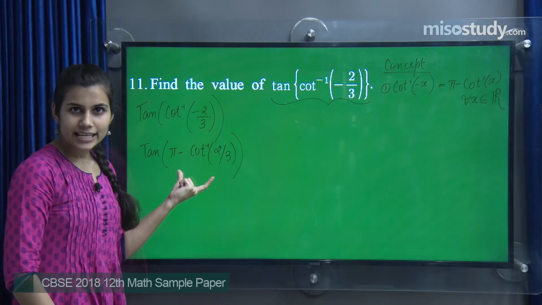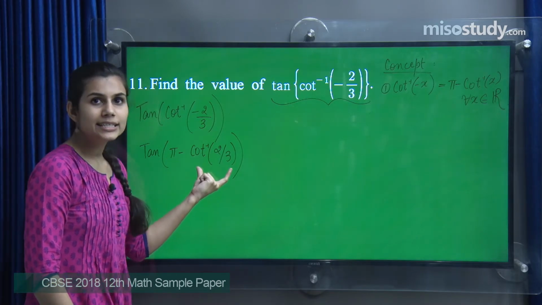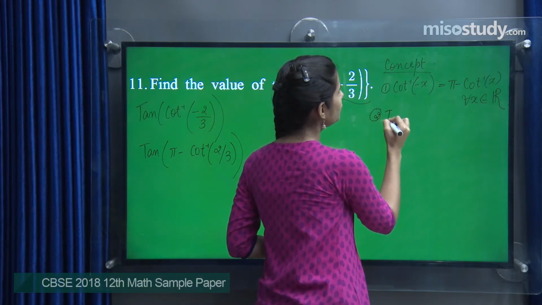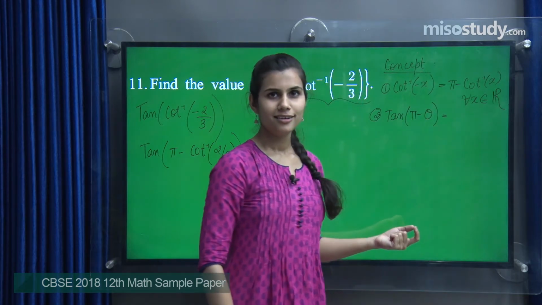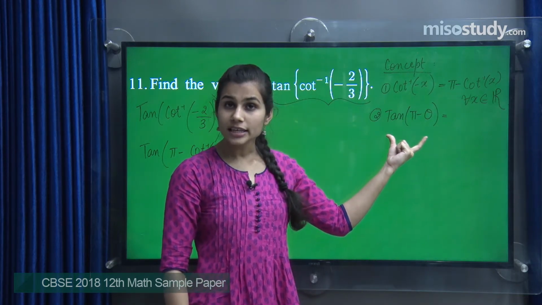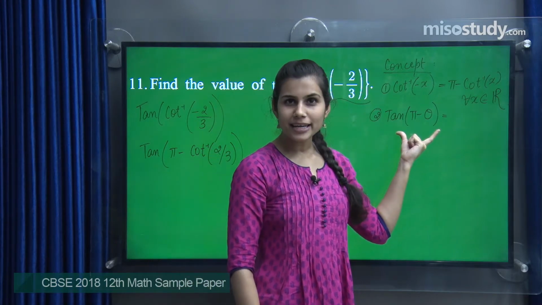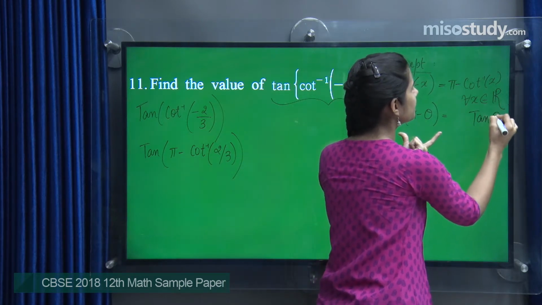Now that this is the case, what happens over here? This is tan of pi minus something. What do I mean by tan of pi minus theta? Haven't we studied this in allied angles? Yes, of course you know that. Tan of pi minus theta, the moment you see pi, you don't have to change tan.